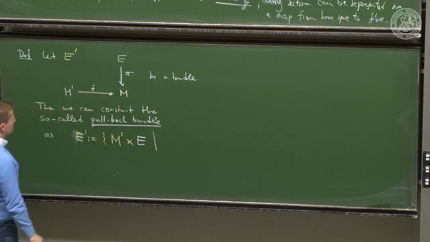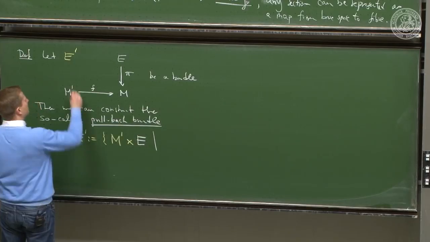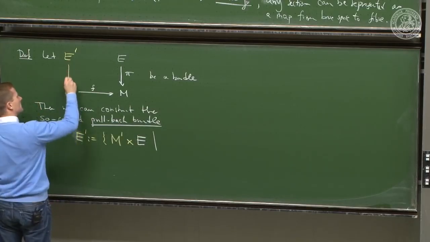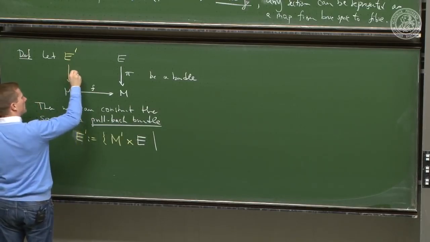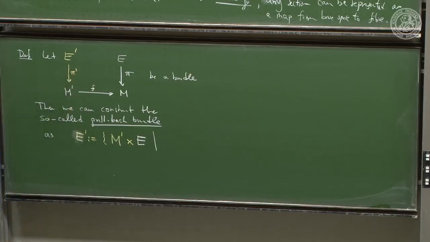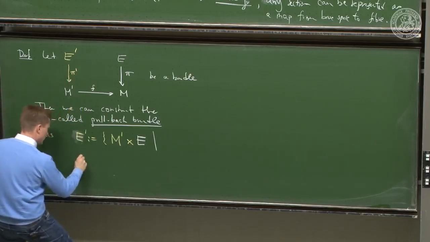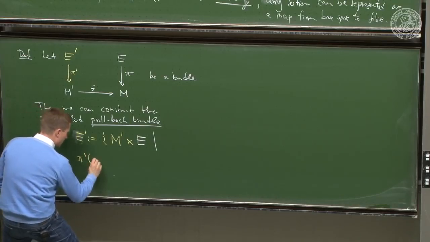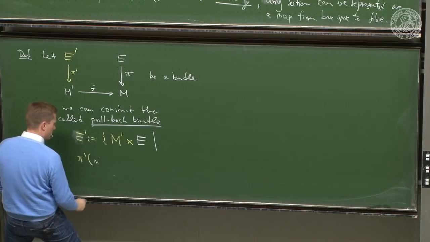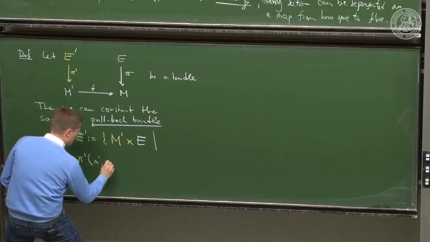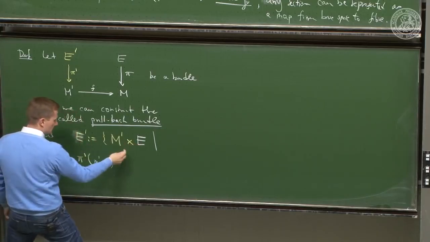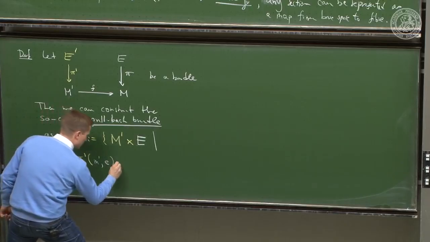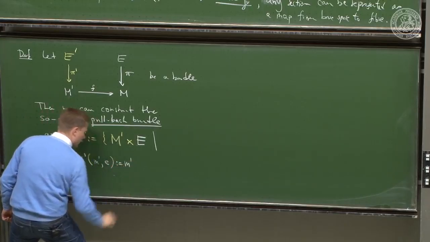The projection map pi prime is defined as taking an element m prime, E in this product and mapping it back to m prime.